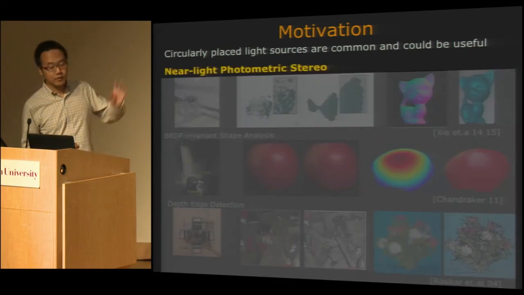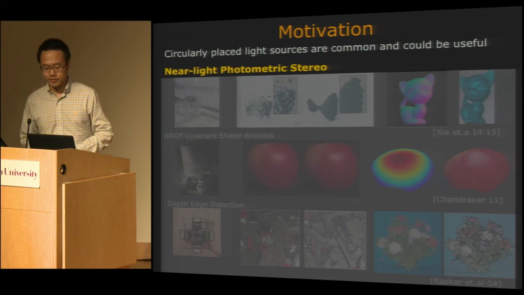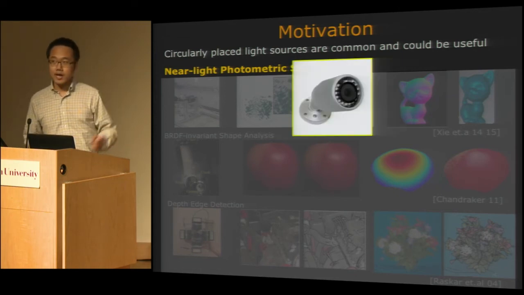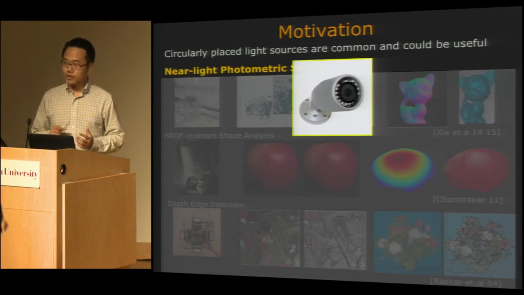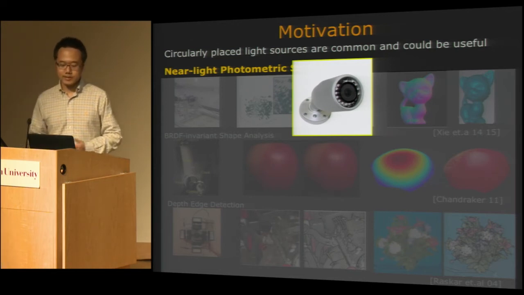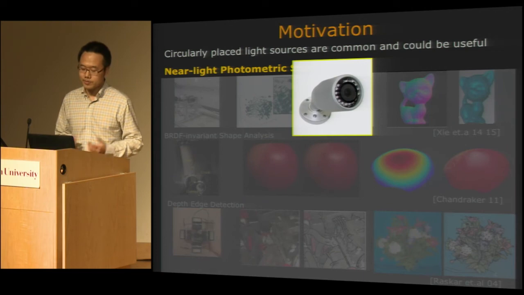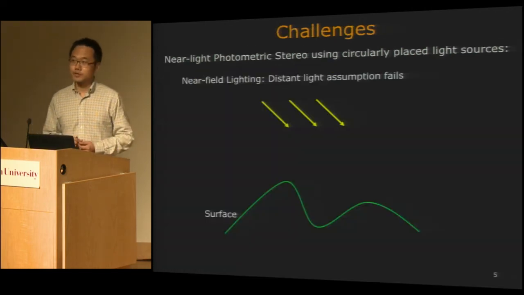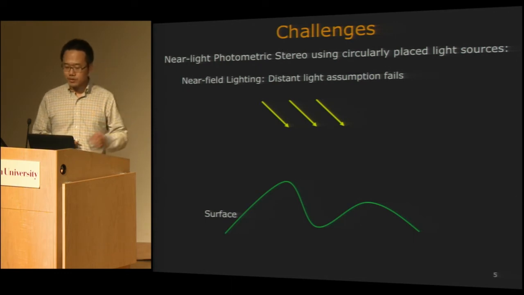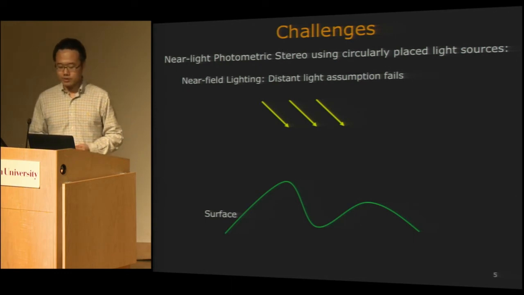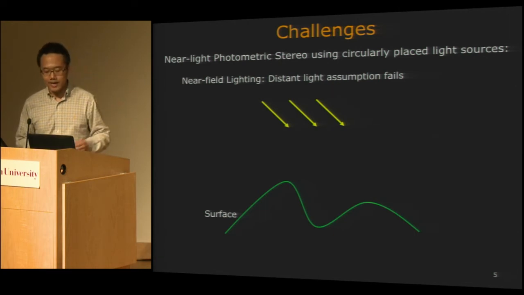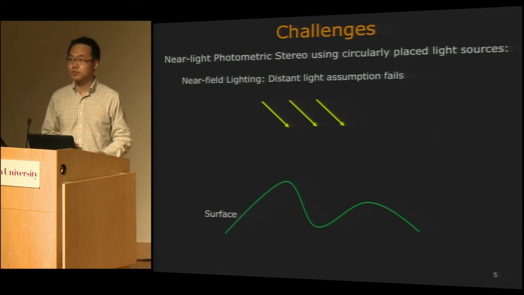Here, we will focus on near light photometric stereo using a ring of LEDs. More specifically, we will focus on a setup where the ring of LEDs is very small, such that the light source baseline is very small. And near light photometric stereo is not trivial. Let's first look at the distant light source condition. We can assume both the intensity and direction of the light are constant across all scene points.